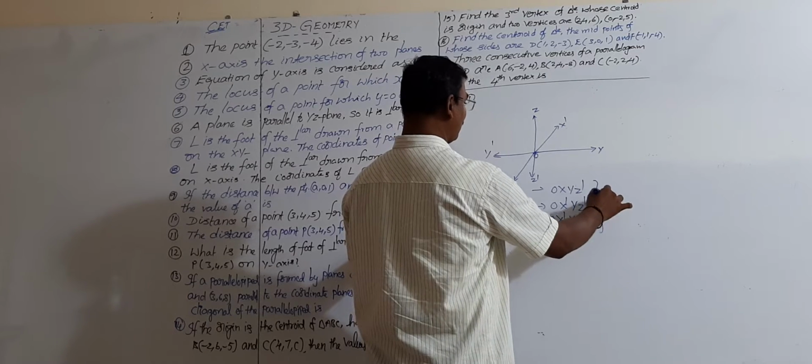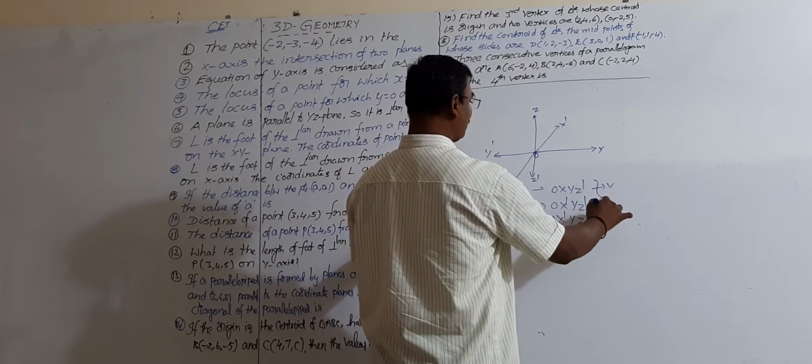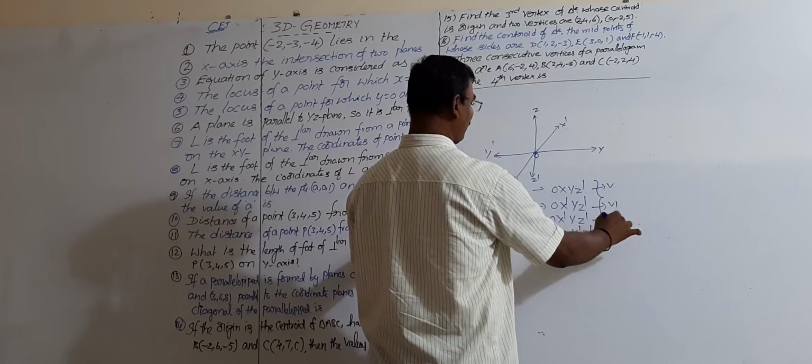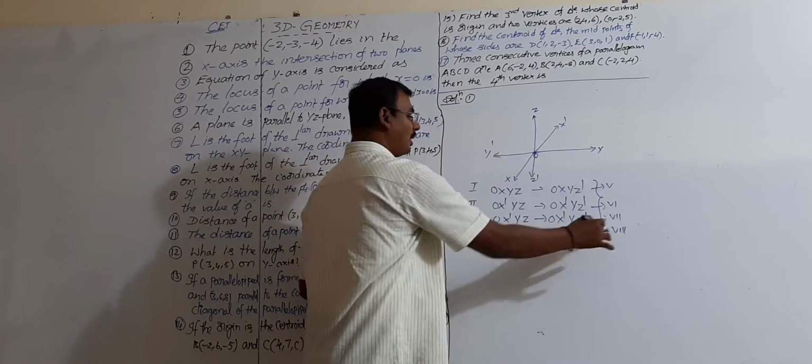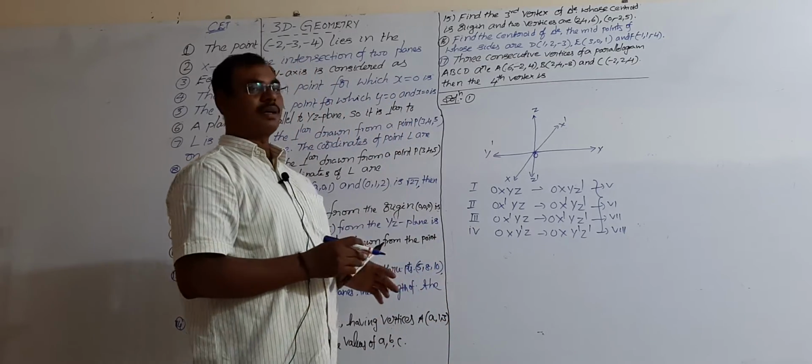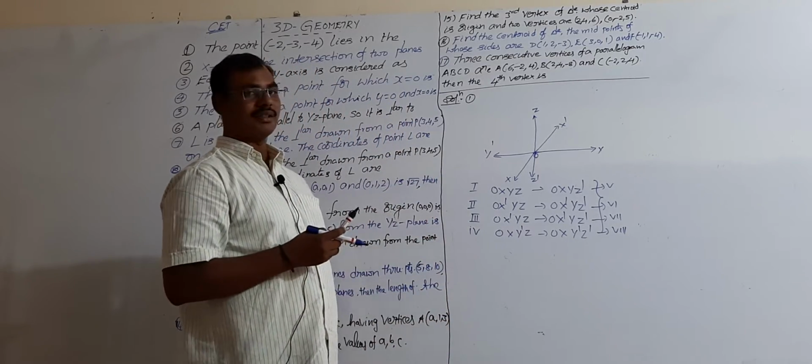So, these are the 5th, 6th, 7th, 8th octants. These are the 8 octants. So, the number of octants is equal to 8.